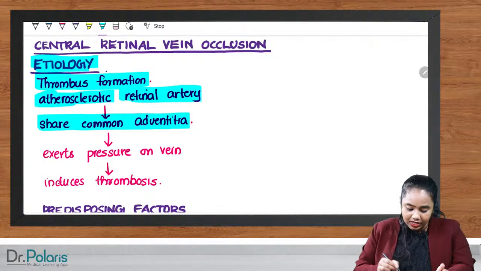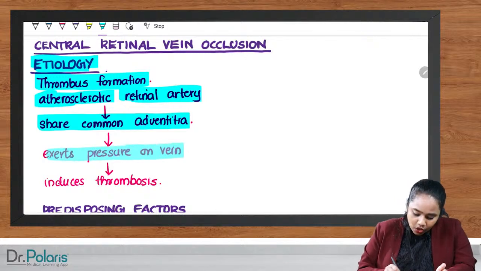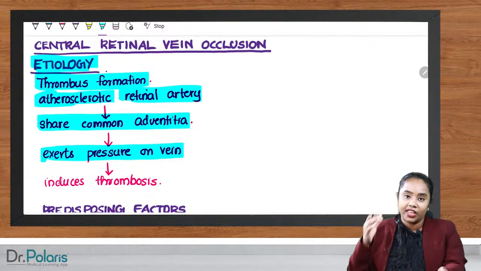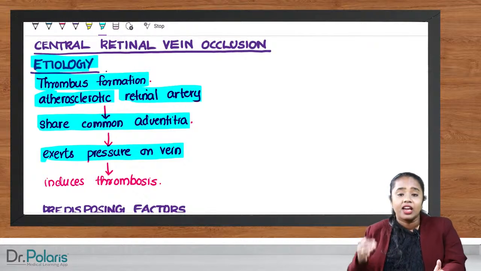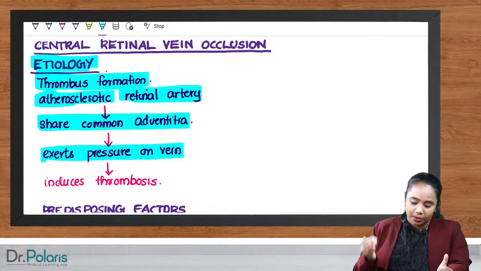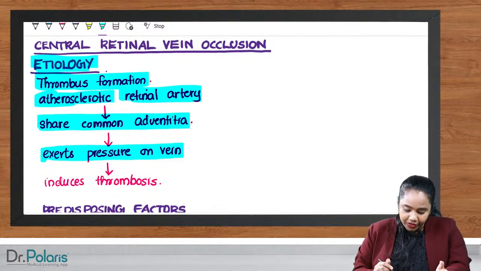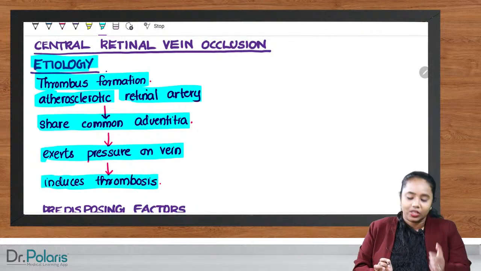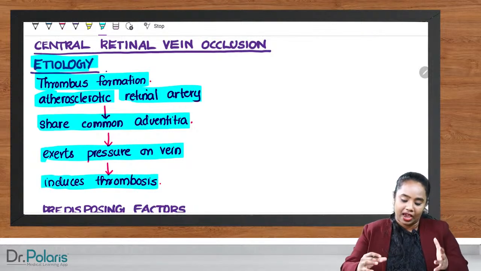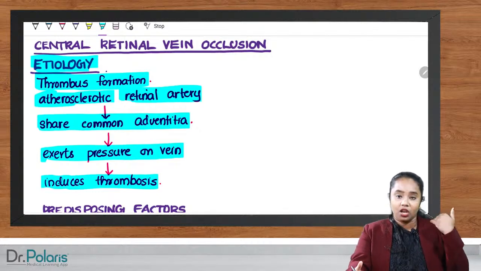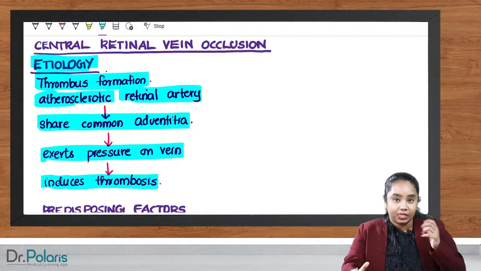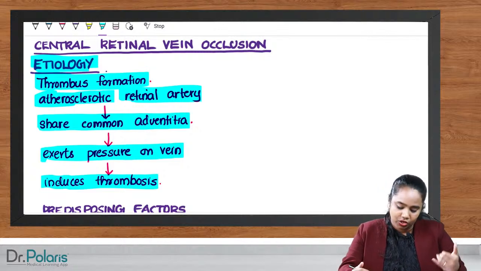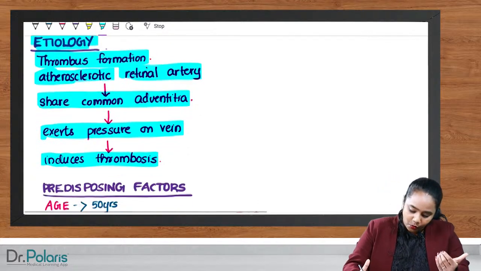So, when there are atherosclerotic changes in the artery, this exerts pressure on the vein, and because of this, thrombosis is induced in the vein. That is the main reason or etiology behind a central retinal vein occlusion. Thrombus formation is the main reason. An atherosclerotic retinal artery exerts pressure on the vein, inducing a thrombosis in the vein.